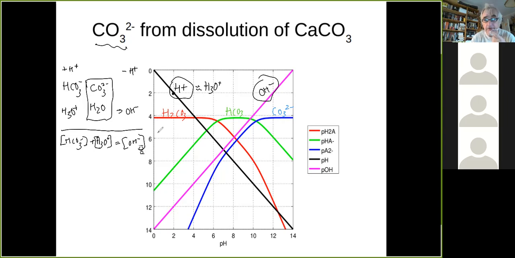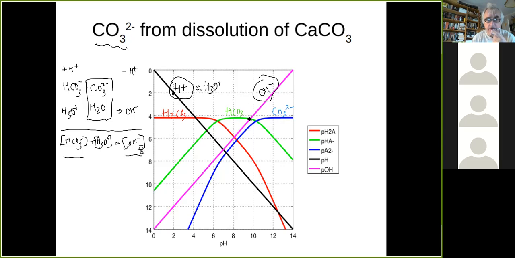Here we have a diagram with a lot of lines indicating this. OH, this is the same here on that line. So OH, here is a crossing. Is this somehow valid? This is OH equals HCO3 minus.